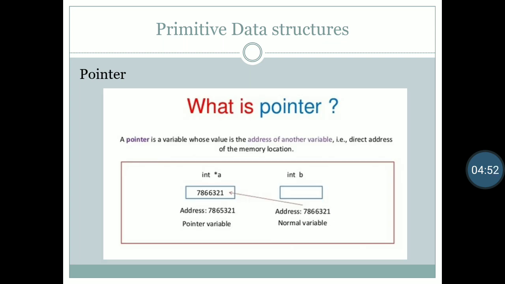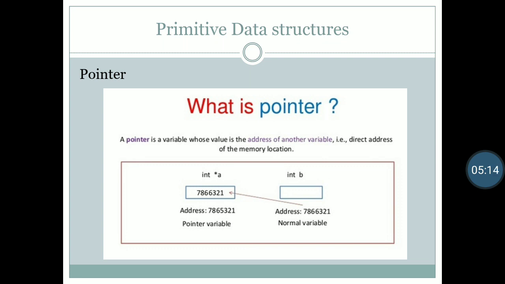Now the pointer. What is a pointer? A pointer basically stores the address of another variable. For example, we have two variables, integer a and integer b. Integer a is a pointer variable and integer b is a simple variable.